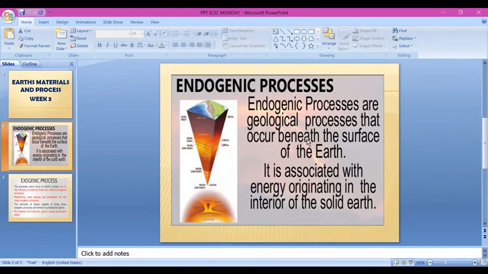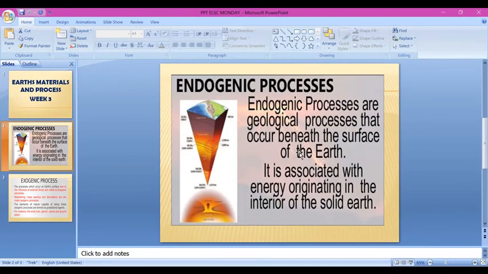The endogenic processes are the geological processes that occur beneath the surface of the earth, and they are associated with energy originating in the interior of the solid earth.